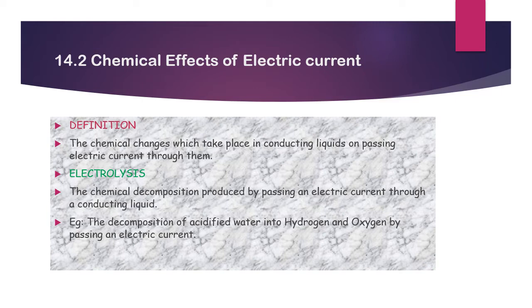And what does electrolysis mean? When we are doing this process, the chemicals present in the electrolyte are dissociated or separated. That is the electrolysis process. You can remember the example, the decomposition of acidified water into hydrogen and oxygen. So when we are passing electricity through acidified water, what is acidified water?